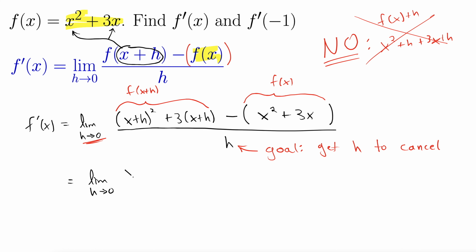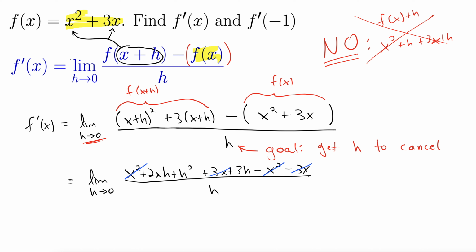Let's expand this. We have x squared plus 2xh plus h squared plus 3x plus 3h minus x squared minus 3x. We are knee-deep in algebra here, over h. Well, you should get some nice cancellation here. That's the whole idea. So our x squareds go, 3x's go.